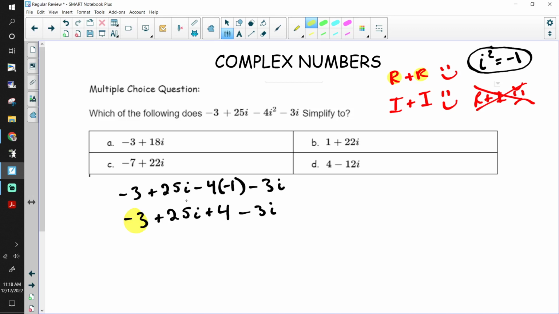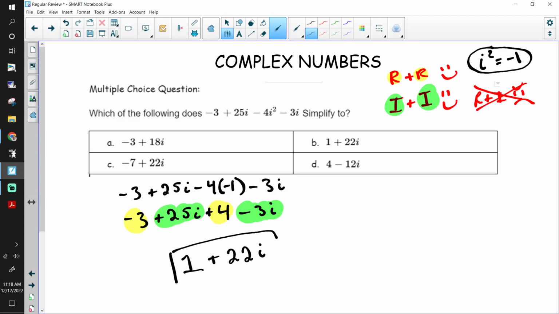I have a real -3 and a real +4. And I'm allowed to add my imaginaries, +25i and -3i. Okay, we're just adding like terms. -3 and 4 is 1. 25 and -3 give me +22i. We always go real first and then imaginary.